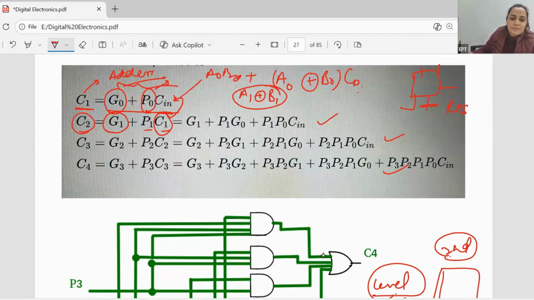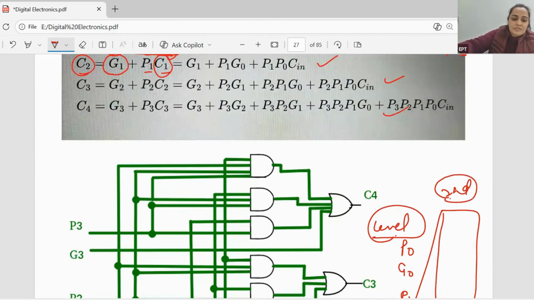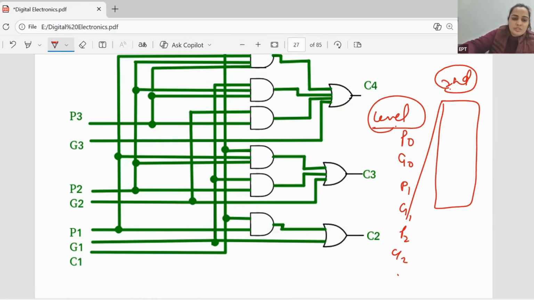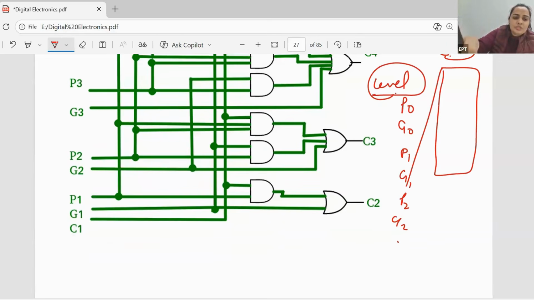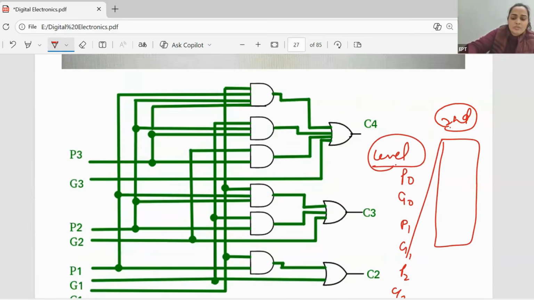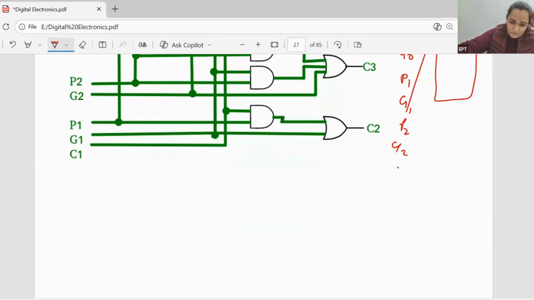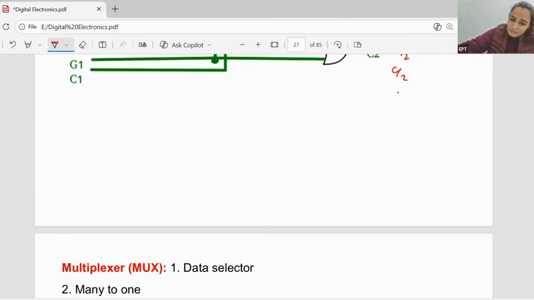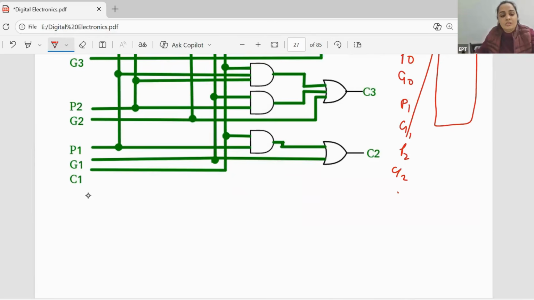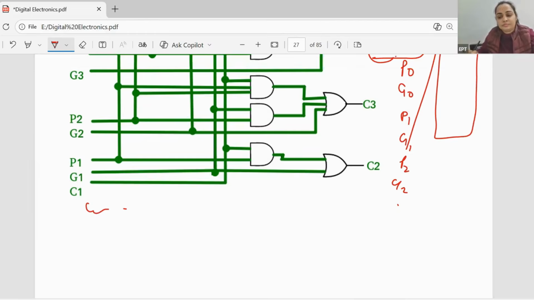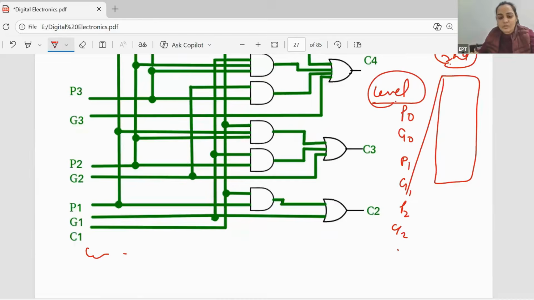See, P0 is not there in this circuit. I will remove this diagram and add the proper one. This is incorrect, I think G0 is not given here. So I will explain it here, don't worry.